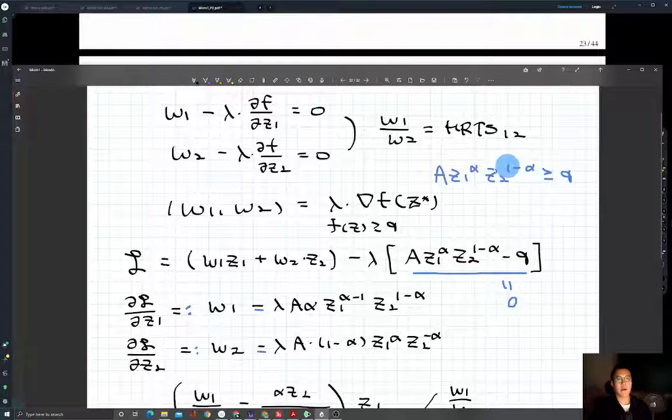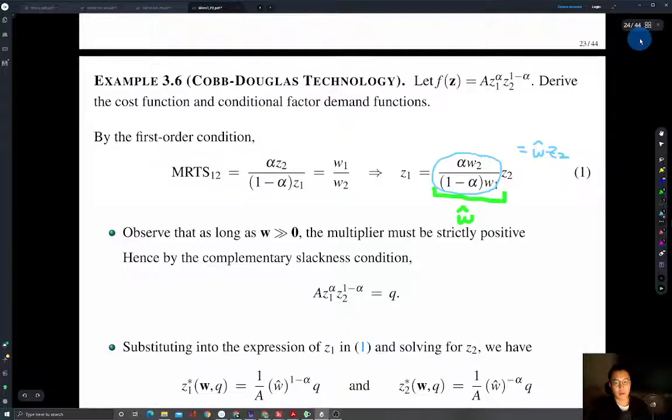But the complementary slackness condition tells us that if the multiplier is strictly positive, this inequality constraint holds with equality. So we have this condition.